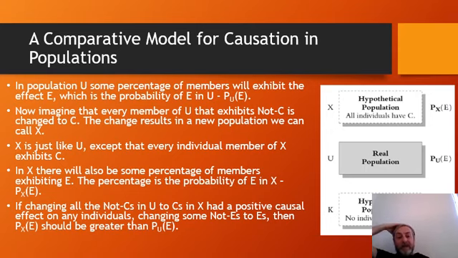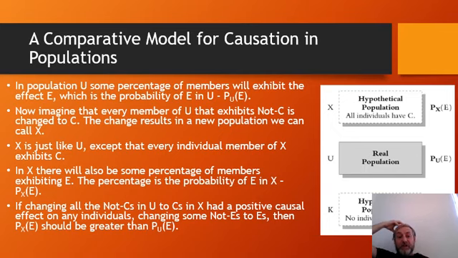Now imagine that every member of the population that didn't smoke now smokes, and that creates a new population we can call X. X is the population where everybody smokes. Everybody has the causal variable. So X is just like U, except that every individual member of X exhibits C. Now in X, there's also going to be some percentage of the members that exhibit E. Before, we said it was 5% in U.